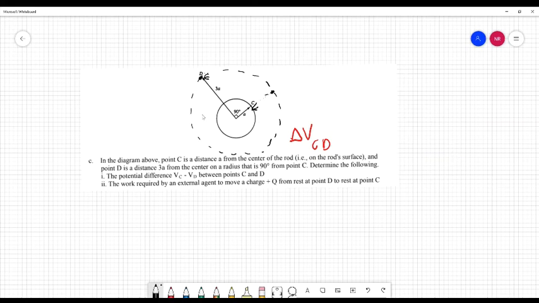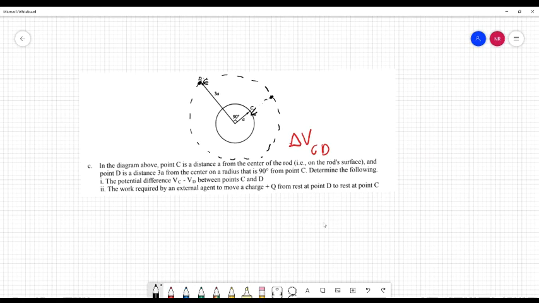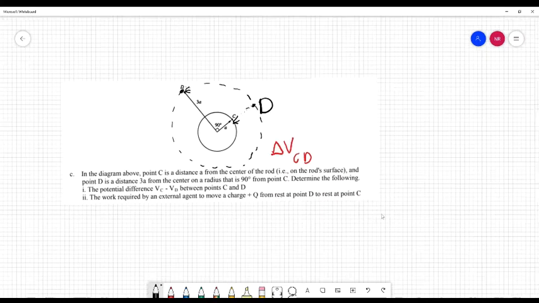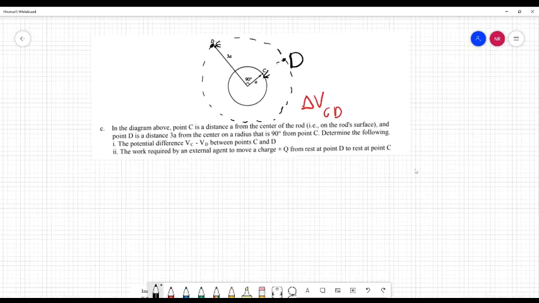Okay, so we can just call this the new point D over here, and now we need to find the change in potential between C and D. To do this, we can use our electric path integral.